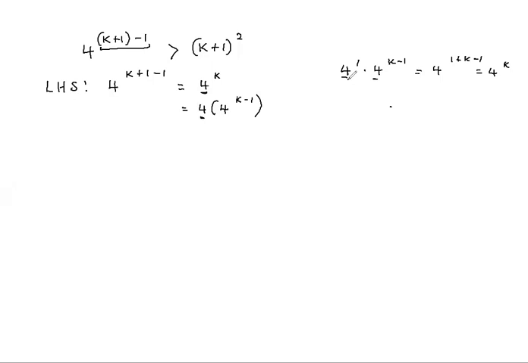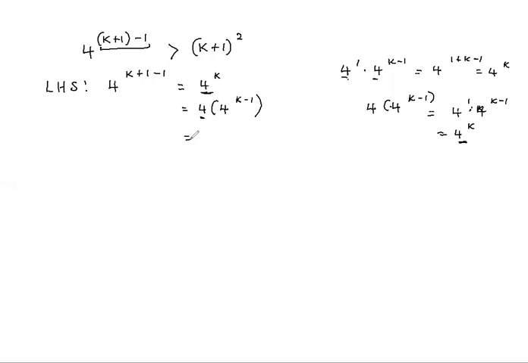So from this 4^k, if we multiply by 4, then the power of 4 will reduce by 1. So that when you add back, you're going to get 4 to the power k, because the powers will add. 1 plus k minus 1 is just k. So the powers will add and you get 4 to the power k, like that.